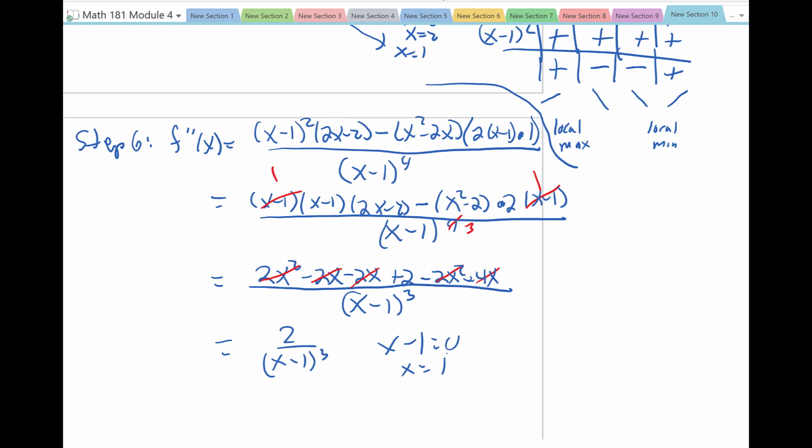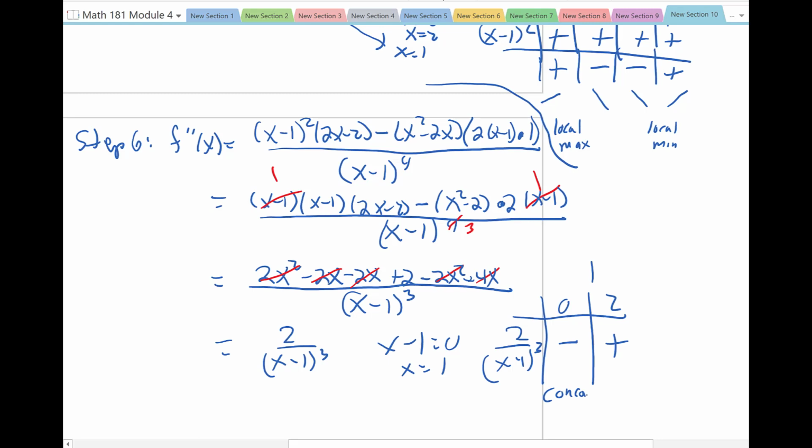And so if we did a little chart, really little chart, and we have just 2 over x minus 1 cubed, and 1's our critical value, and do like 0 and 2, you'll end up with a negative 1 cubed is negative, so negative there, and then 2 minus 1 is 1, and 1 cubed is positive. So this is concave down. This is concave up.